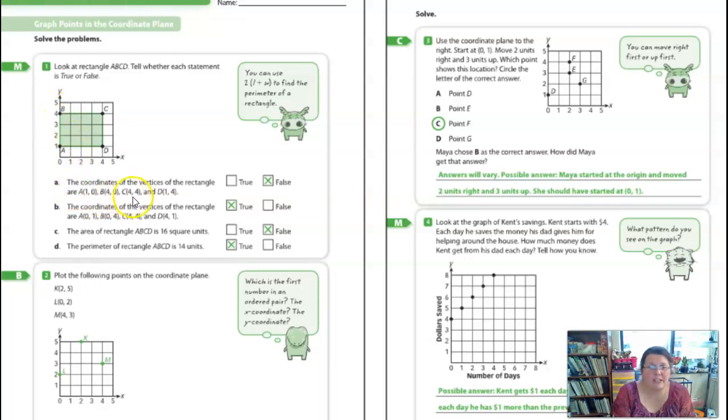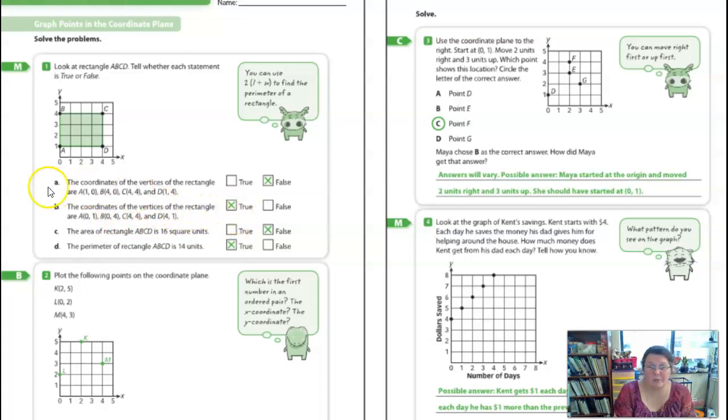So what should C be? It's still going to be 4, 4. But try D. So D would be at 4 and then up to 1. So let's move on to B. The coordinates of the vertices of the rectangle are 0, 1, 0, 4, 4, 4, and 4, 1.